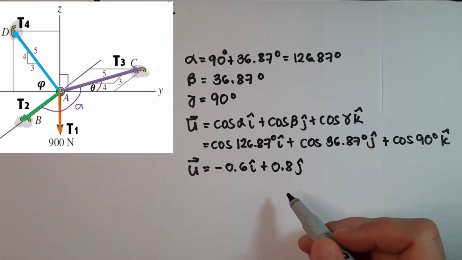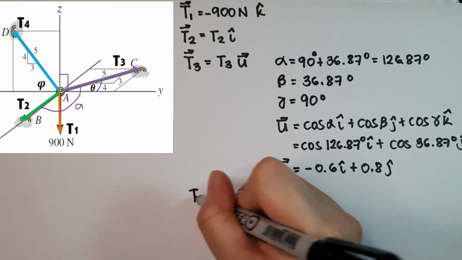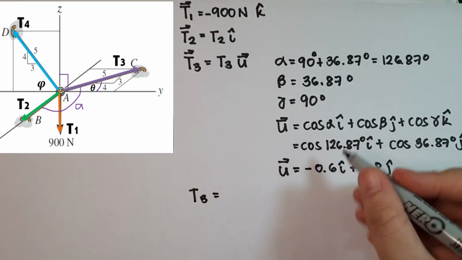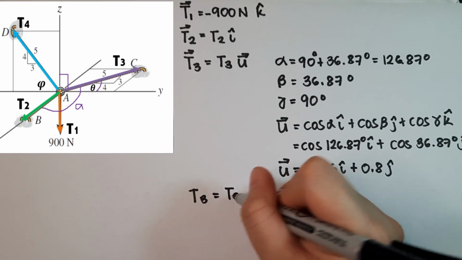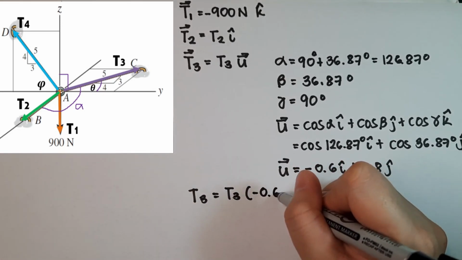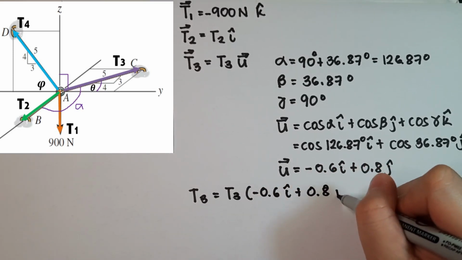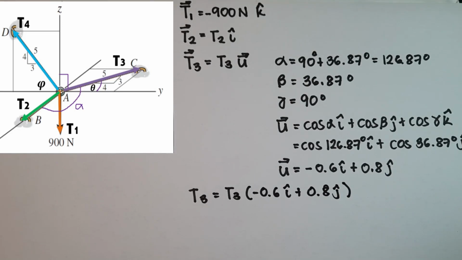So this is now our unit vector. For T3, our T3 is equal to T3 times negative 0.6 i hat plus 0.8 j hat, and that's it.